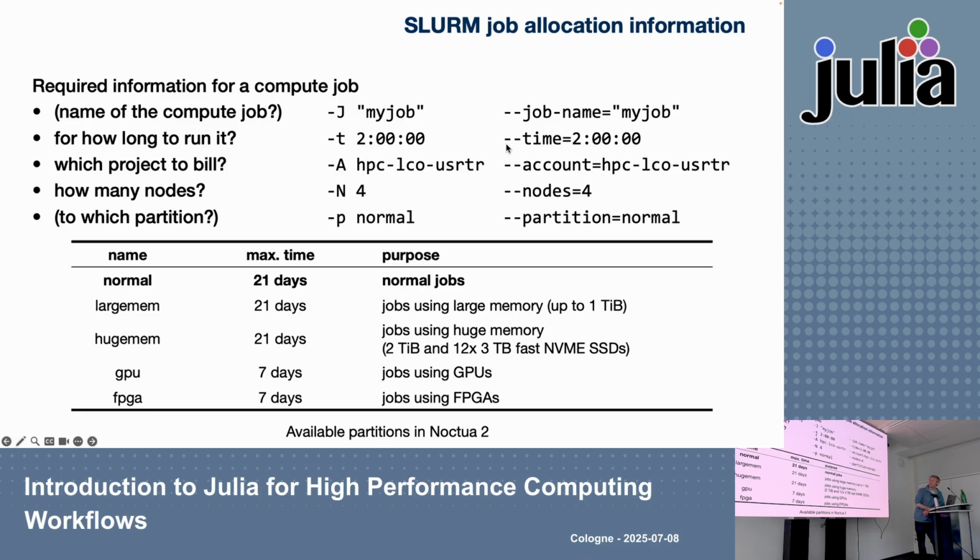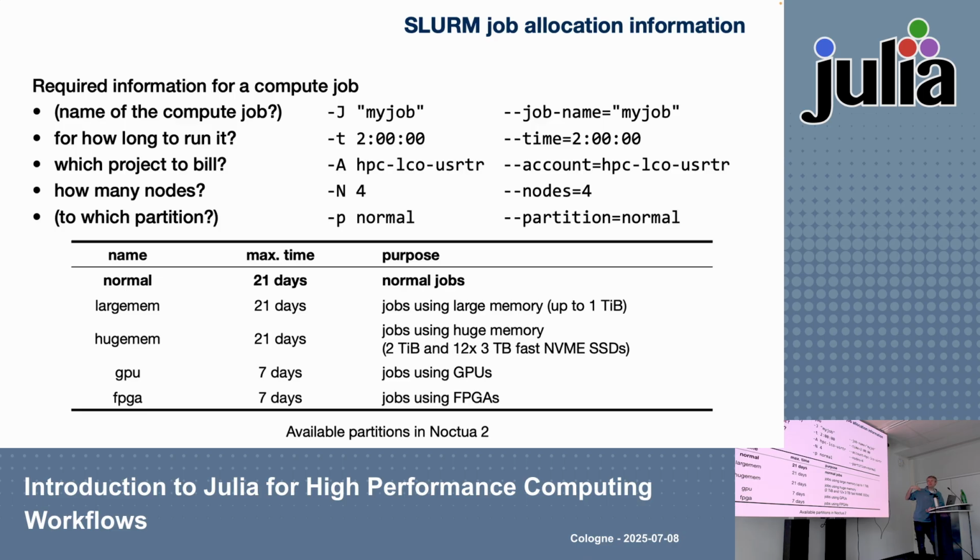Then the time that you want to run at maximum. If your job reaches your time limit, then it will be aborted with a timing error. So you need to do some estimation of how long your job will run.